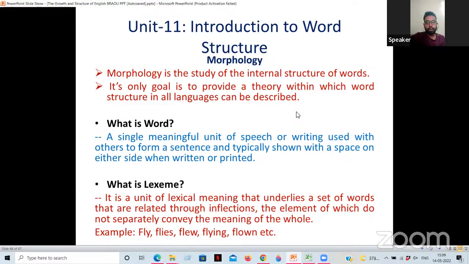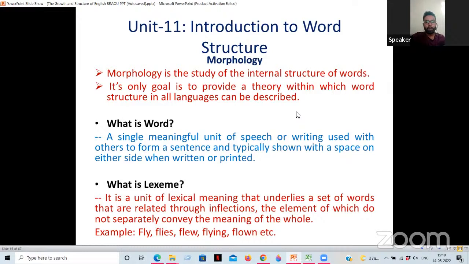This study happens in morphology. Thus, morphology is the scientific study of the internal structure of words. Its only goal is to provide a theory within which word structure in all languages can be described. So it provides a kind of theory with which we can understand the word structure of all the languages throughout the world.